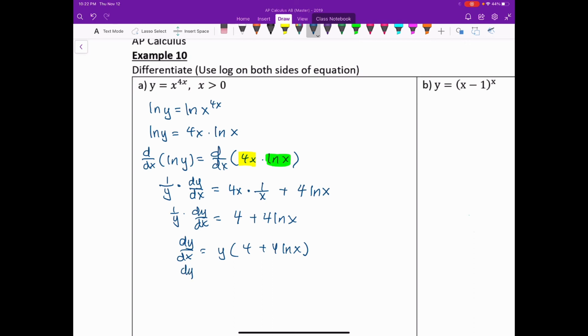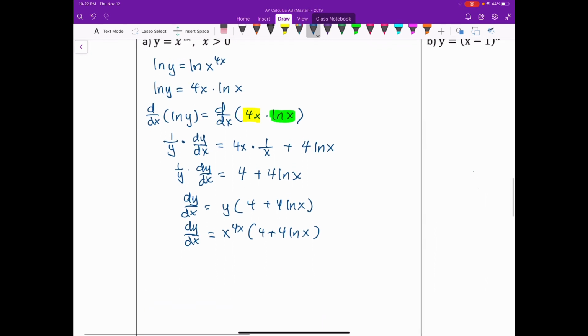So dy/dx is equal to x to the 4x times (4 plus 4 times the natural log of x). Now, the preferred form is factored, so I could take out a 4: 1 plus natural log of x. You're kind of done already, but if you took out the 4, that would be nice. Both are acceptable. I'm just pointing out that you could do this.